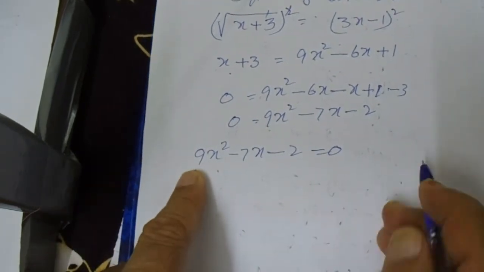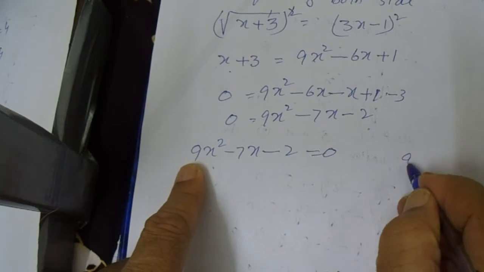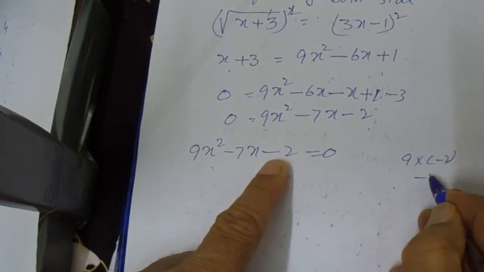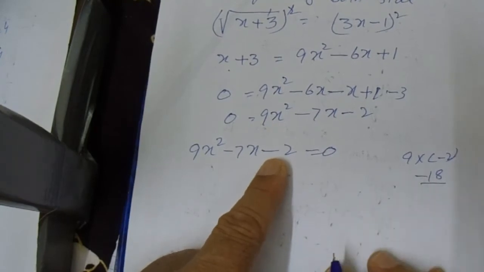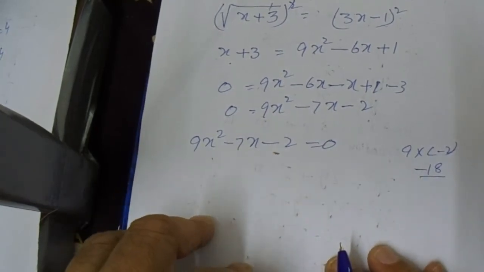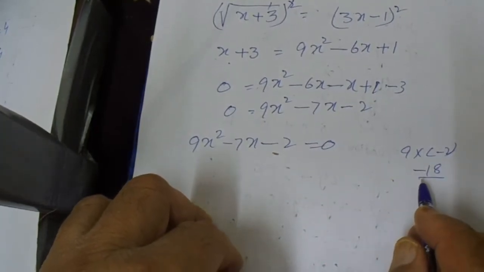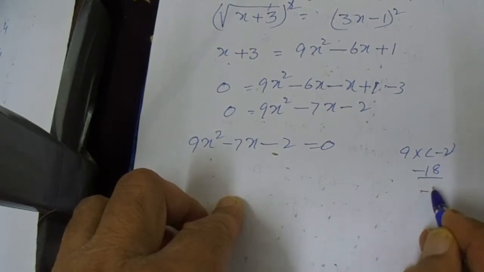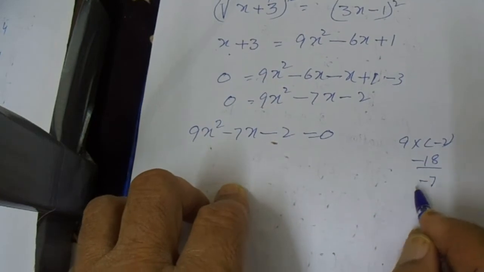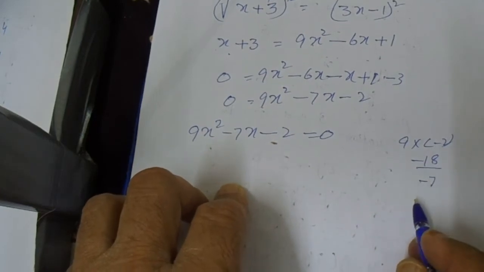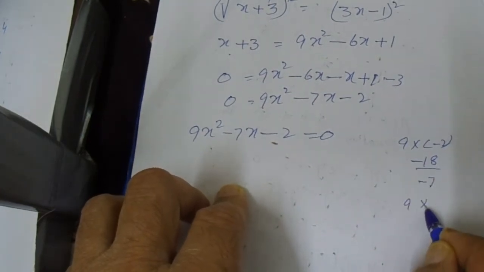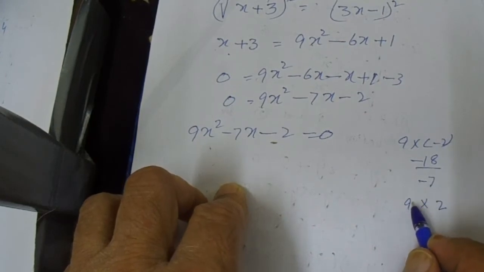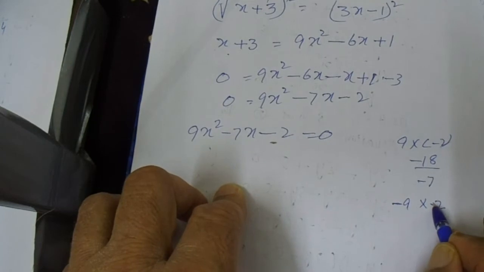Now we make the factor of this, 9 multiplied by minus 2. This 9 minus 2 we get minus 18. Now we want to make the factor of minus 18. If we multiply the factors we get minus 18, and if we subtract or add we get minus 7. Now 9 2s are 18. 9 multiplied by 2. These are factors, and now we write this minus 9 and plus 2.